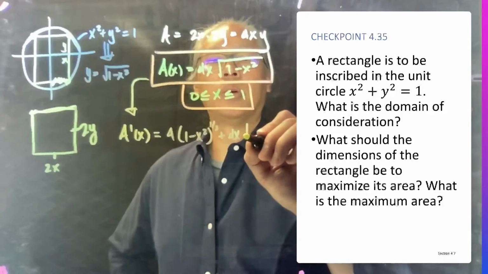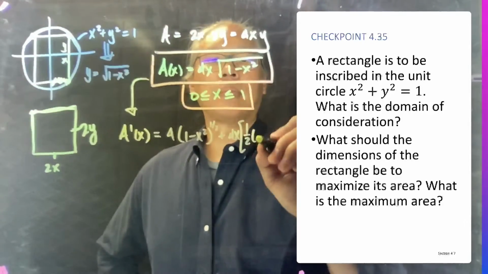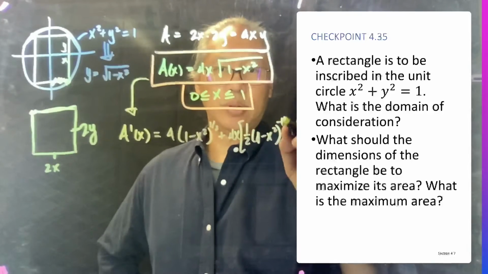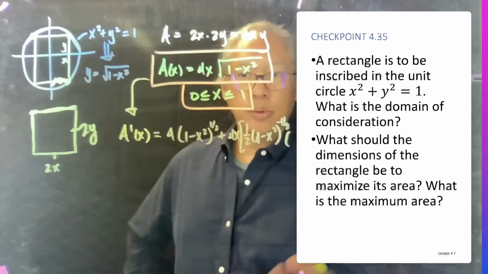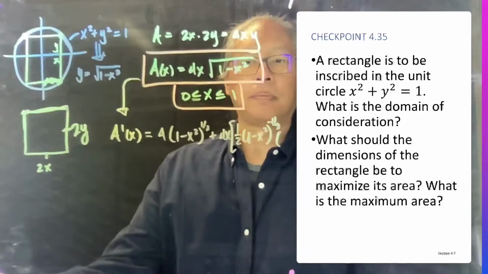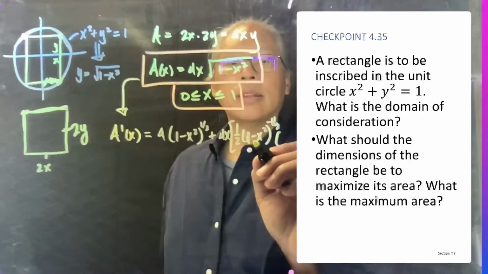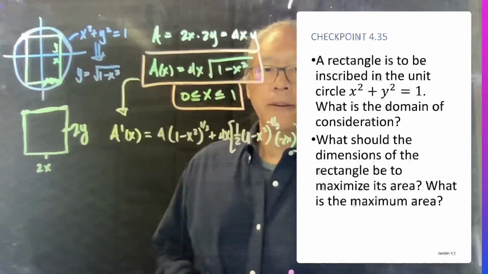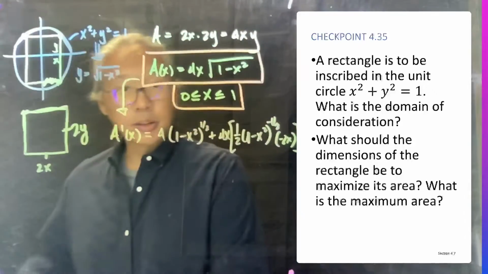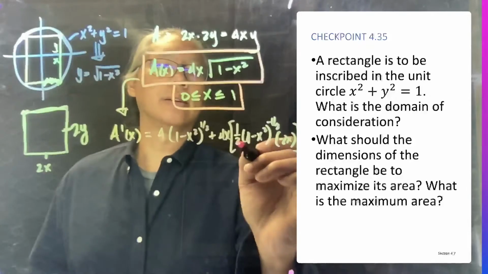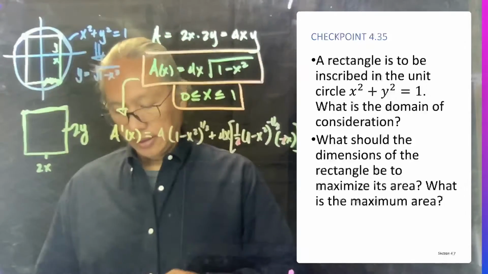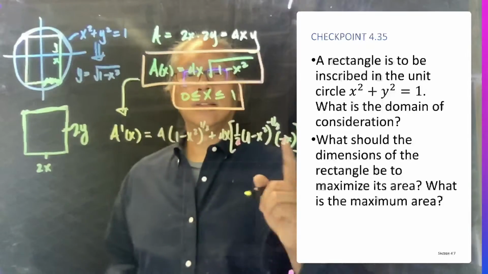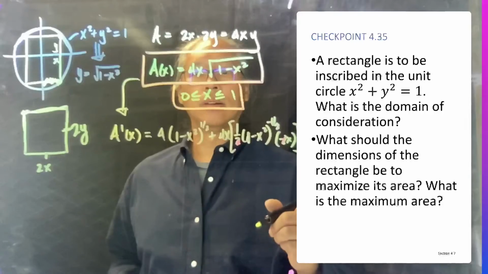So this is going to be a 1/2, 1 minus x squared to the negative 1/2 power, and then the derivative of the inside, that's a negative 2x. Okay, so the 2's are going to cancel here. Did I do my derivative wrong?